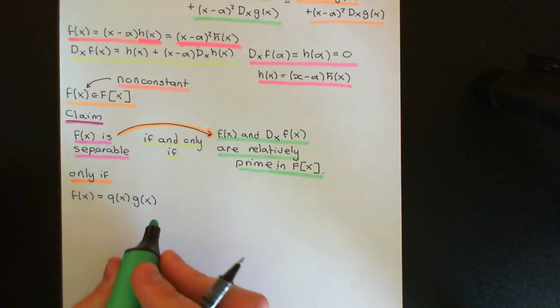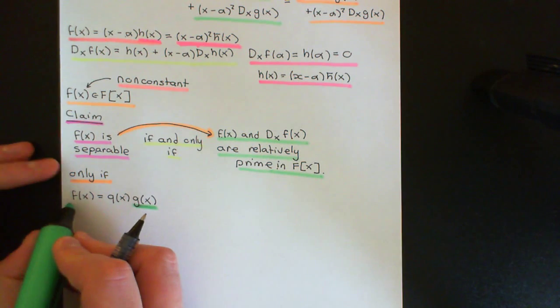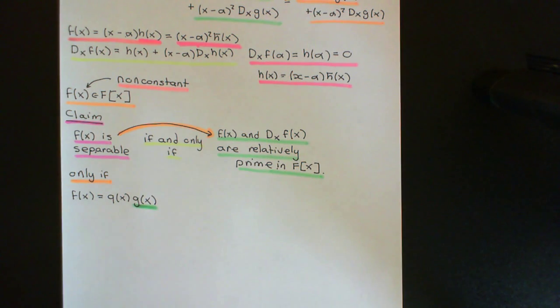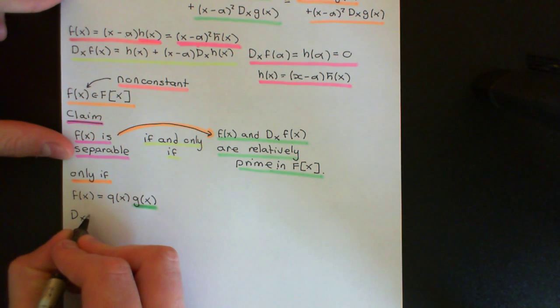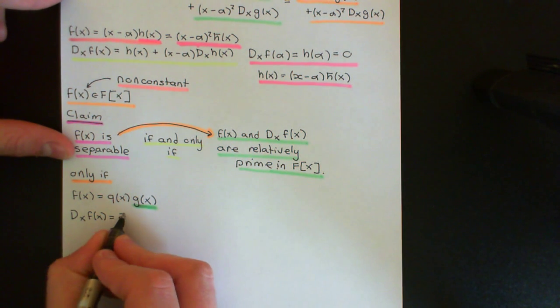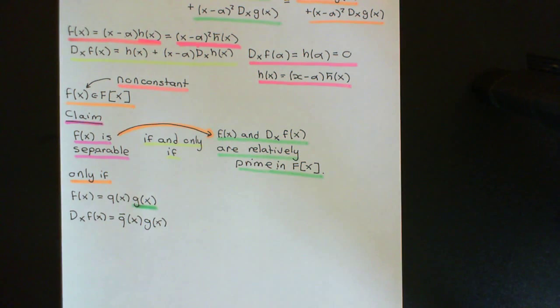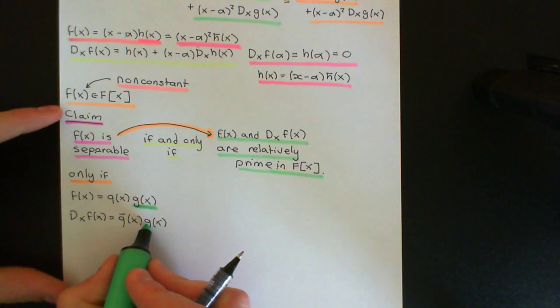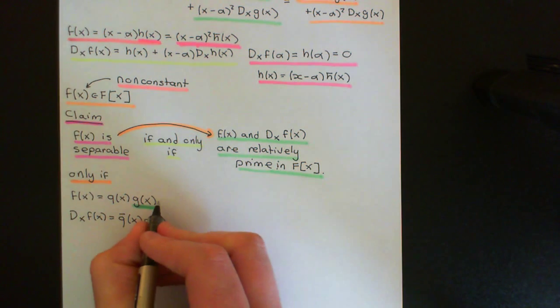So this is going to be the common divisor that is not a unit of f of x and the derivative of f of x that must exist if I'm saying they're not relatively prime. And the derivative of f of x here will also be writable as, let's say, some quotient which I'll call q bar of x times g of x there. So this polynomial g of x, I know that it's not going to be a unit.